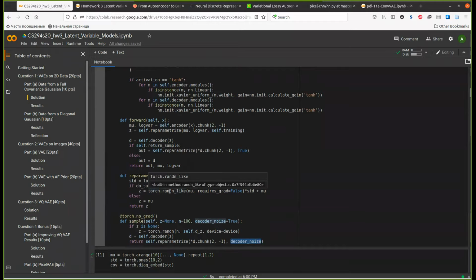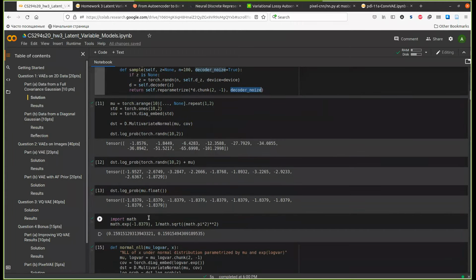In this case, we output samples from the normal distribution parameterized by mu and log variance. And if we set decoder noise to false, then we just output the means predicted by the decoder.